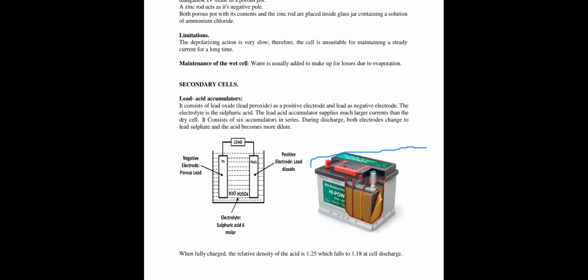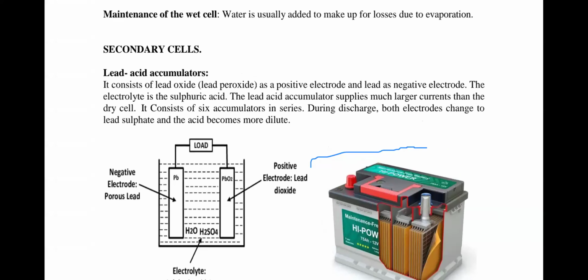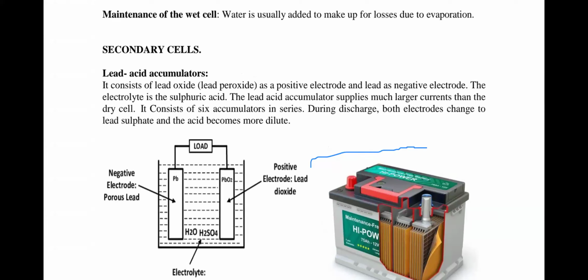There was just a mistake in the slide. It should be lead oxide that we have at this point, acting as the positive electrode. We shall correct it after some time. Then porous lead as the negative electrode. If you want to introduce the lead acid accumulator, the electrolyte is dilute sulfuric acid.